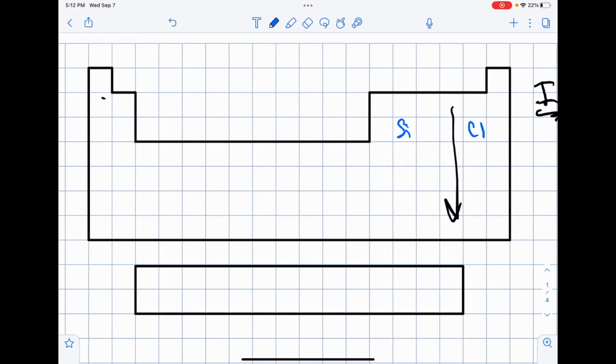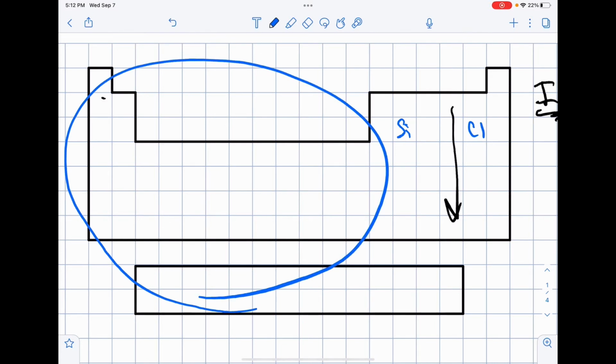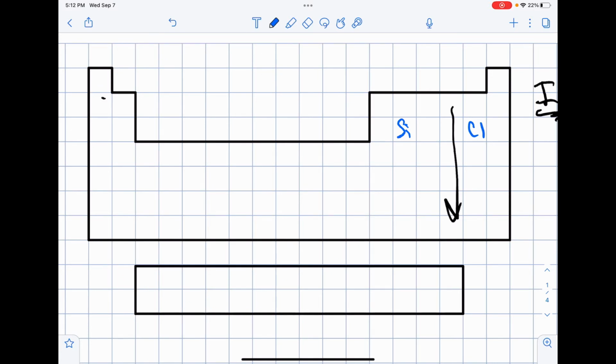Another way to think of it is that remember that metals, or elements on this side, like to form positive ions. They like to lose electrons because it's easier to lose 1 or 2 than gain 6 or 7. And then nonmetals on this side, they like to gain electrons, except for the noble gases. They don't like to gain, but they like to stay how they are because it's easier to gain for most of the nonmetals than to lose.